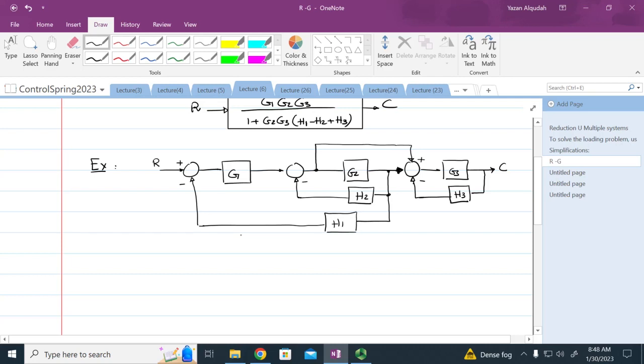Who has ideas? This is V1, this is V2, this is V3. Can we go ahead and do the feedback form? This one? Yes, we can reduce this using the feedback form. Excellent. What else? How do we reduce the blocks on the left side?